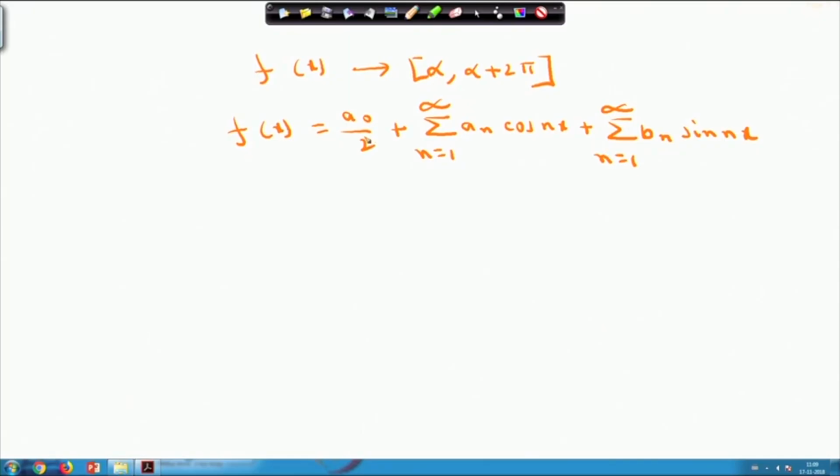So, we will integrate both sides of this equation, say this is 1, from alpha to alpha plus 2 pi.